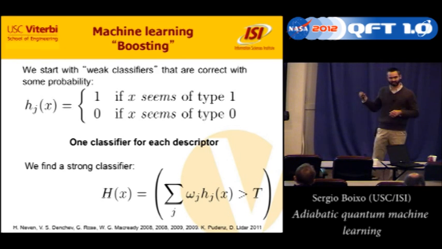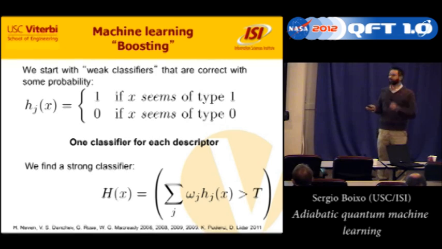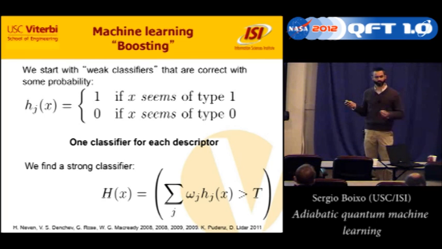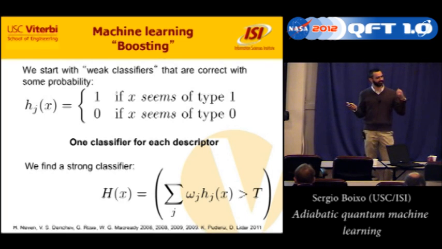And there is some complicated process to that, which involves clustering and standard machine learning techniques. But once we have this binary classification process, then for every one of those descriptors, we build what is called a weak classifier that just says, well, given the number that I get from this particular descriptor describing the molecule, I think the molecule is going to be good, or the molecule is going to be bad.